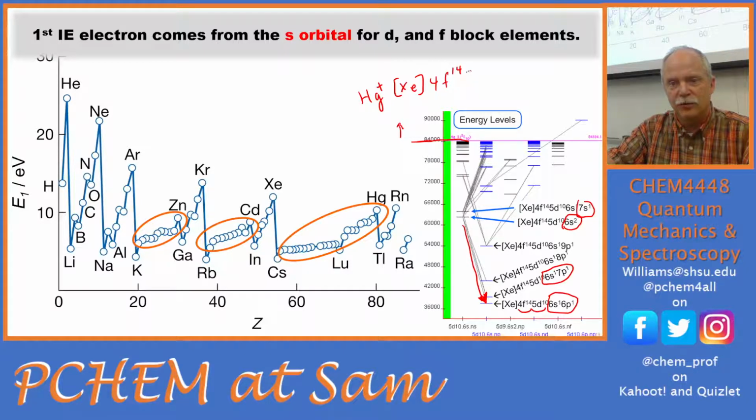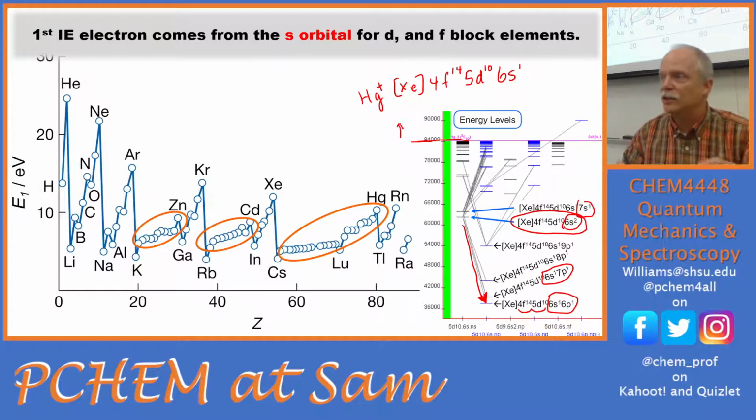We're just writing them 4, 5, and 6. 5d10. And then now this has a 6s1, right? Whereas in the neutral, we would have written this: 4f14, 5d10, 6s2. So it was that s electron that got ionized.